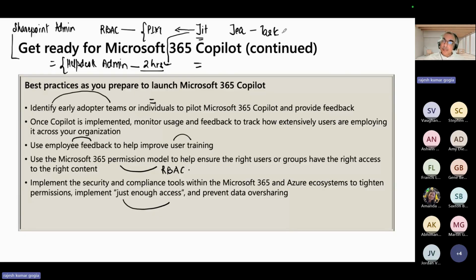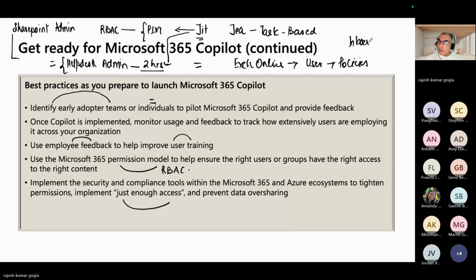This is task-based. Let's say, for example, in Exchange Online, I want to give a user the ability to create policies. I want to create a policy for the inbox.